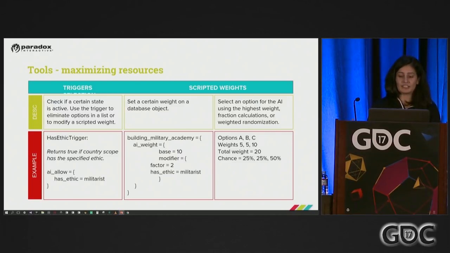And later in code, we use all these weights to randomize which of these we're going to use. So say we have 3 options, A, B, and C, and they have the different weights of 5, 5, and 10. Then we have a total weight of 20, and the chances for each of these being chosen is 25, 25, and 50%.